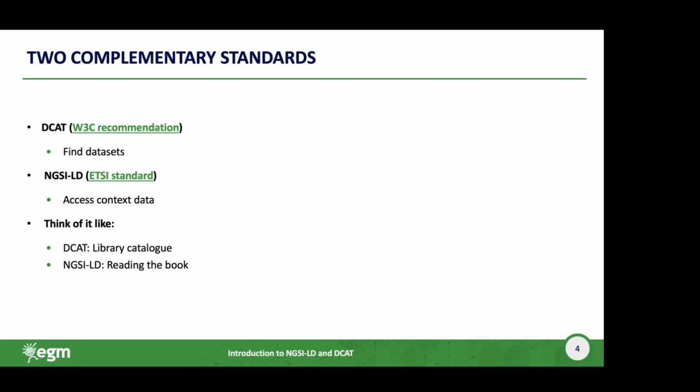The second standard that we use is NGSI-LD. It's an ETSI standard, and this standard will help us to address how to access context data. So to picture this quite simply, you can think of DCAT as the library catalog and NGSI-LD is reading the book.